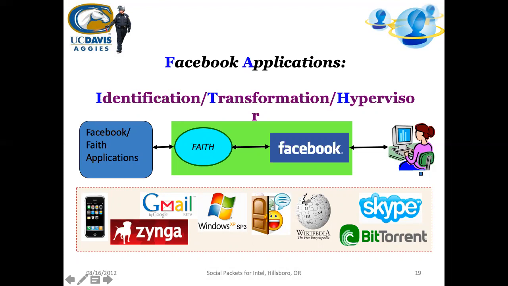So the user can customize this part to say what kind of transformation I would like to apply to my own social informatics, such that I can get the best out of the system.